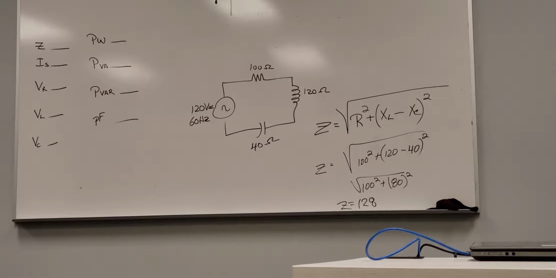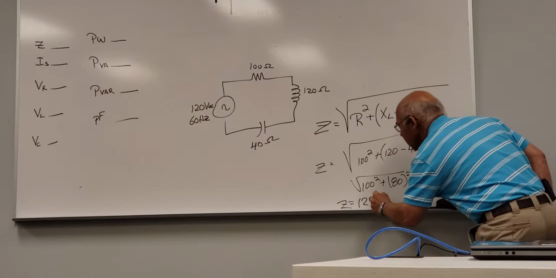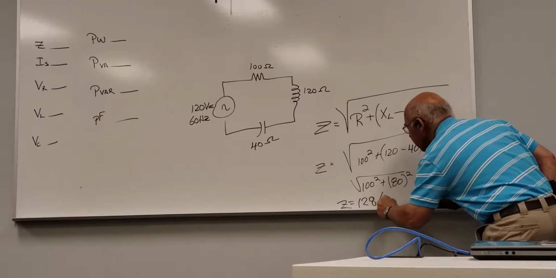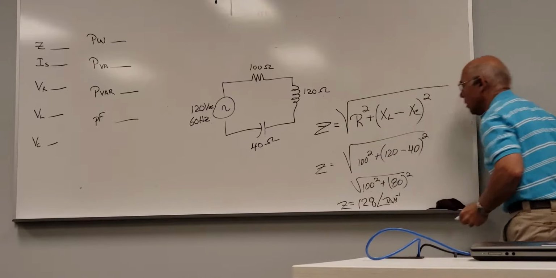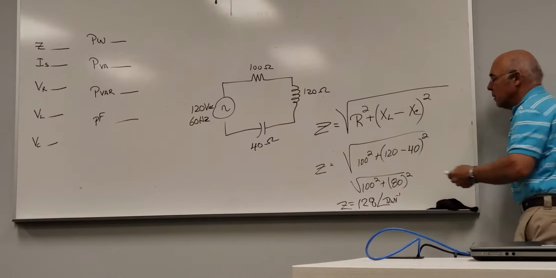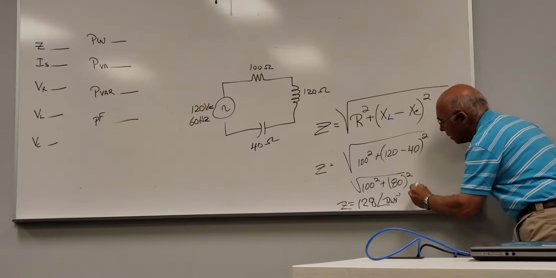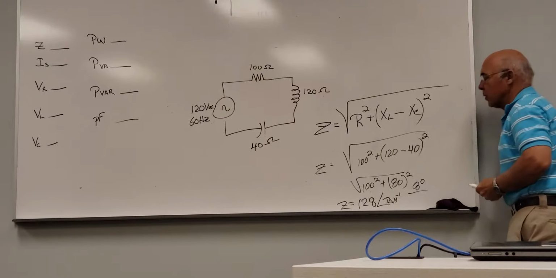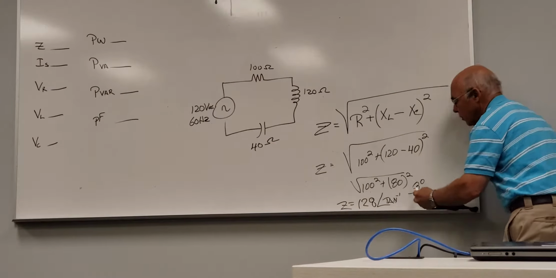The impedance also has what? An angle associated with it. That angle is always the arc tangent, tangent minus 1, of the reactive component, that's 80, divided by the resistive component, that's 100.